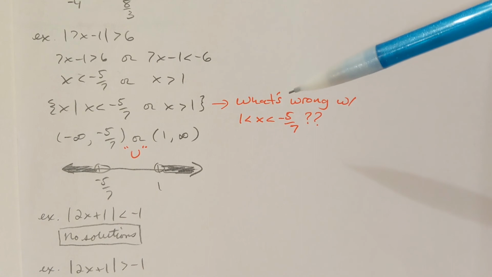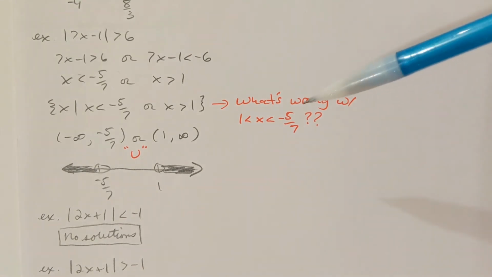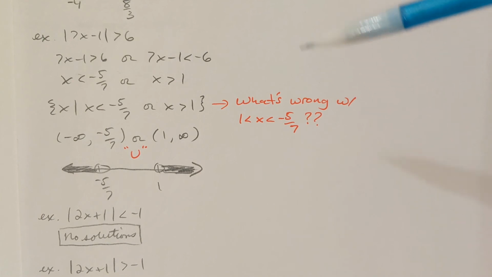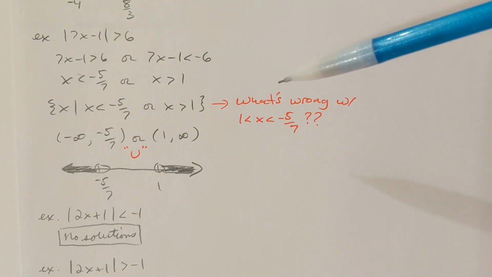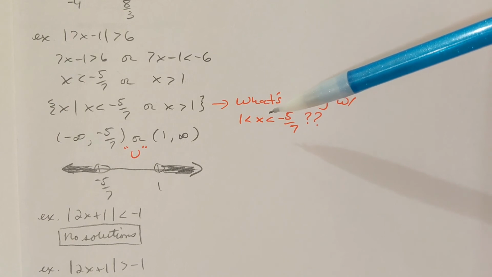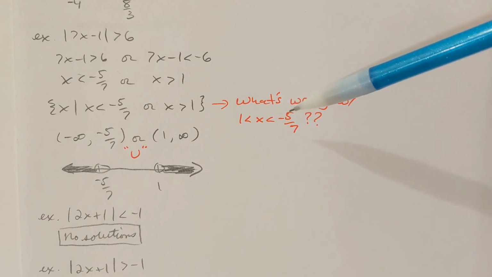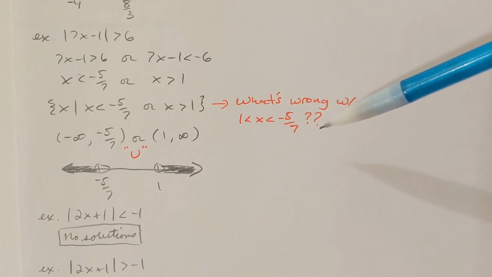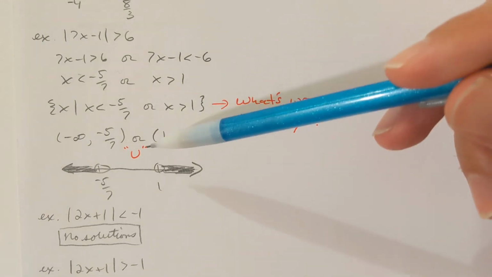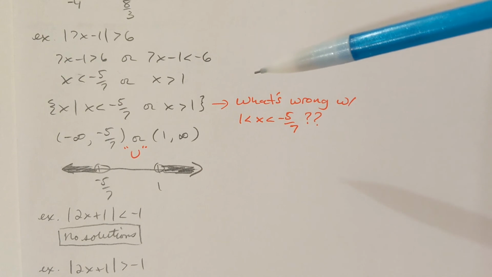But then when you apply the definition for absolute value, you'd be saying that 1 is less than x, which is less than negative 5/7, which makes no sense. So "or" is the key word that needs to be written here.